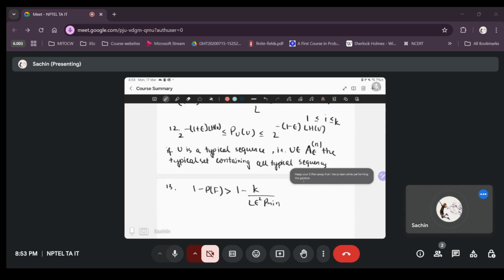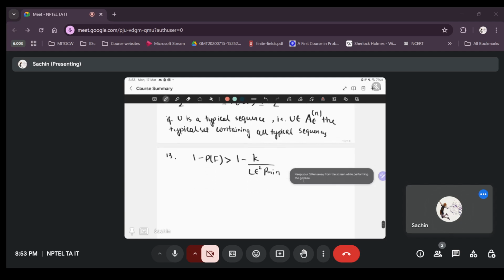So P of F, the probability that a sequence is not typical, is upper bounded by K over L epsilon square P min. So by choosing proper values of L and epsilon, you can make the probability that it is not in the typical set as small as possible, or the probability that your outcome is in the typical set almost equal to one.